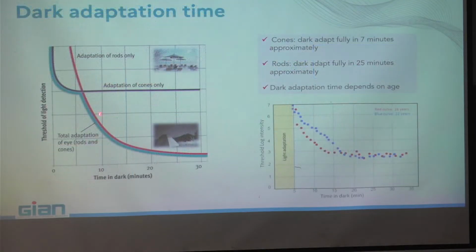I told you that we need an adaptation time. You see here, in fact, this is the time that you need to stay in the darkness in order to leave enough time to your rods to be activated and send the information to the brain.